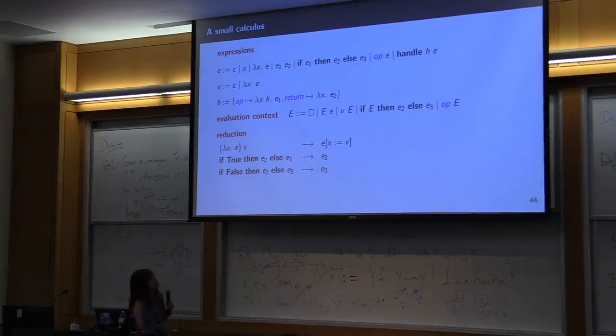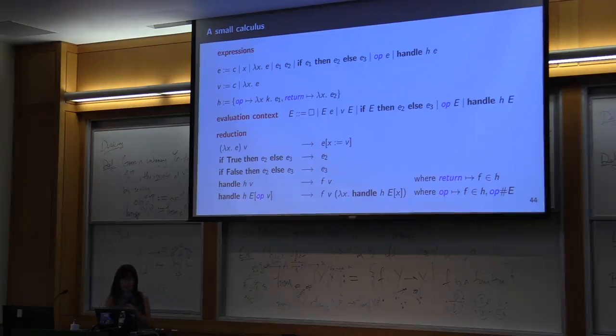We are going to add one more form of evaluation context here, which is that you can evaluate something within a handler, and that tells you that this handler is currently available to handle operations. And we will add two more rules for the operational semantics for handlers. There are two cases for the handlers.